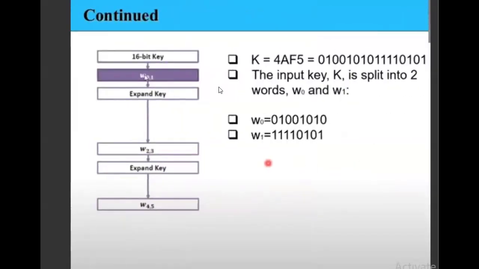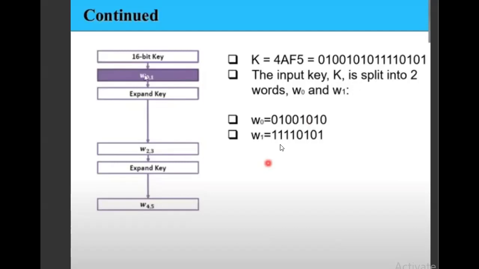The very first thing in key generation, you have to split that 16-bit key into two halves, that is W0 and W1, each one of 8 bits. The first 8 bits will be called W0.